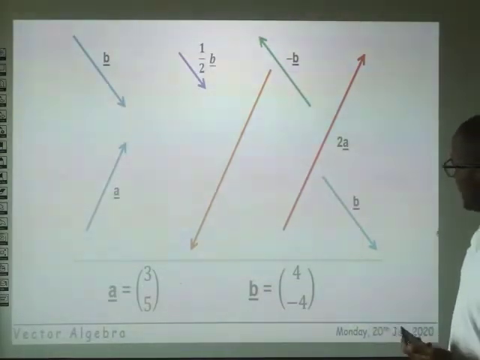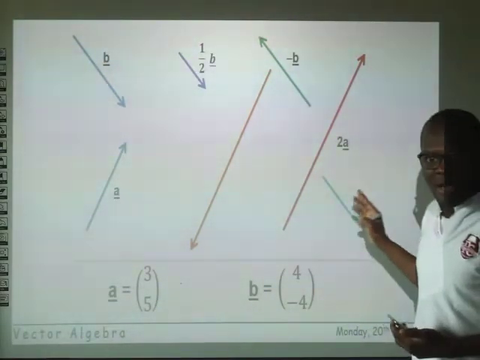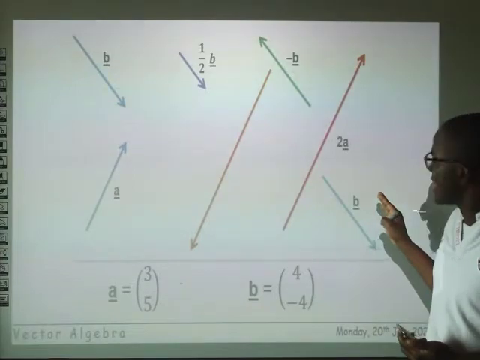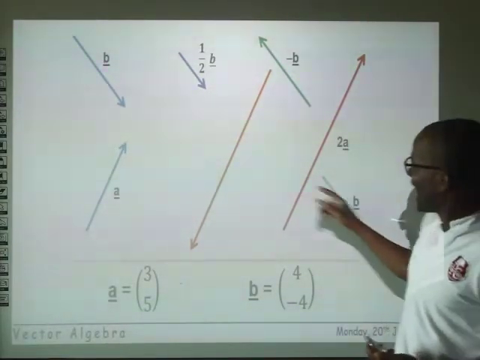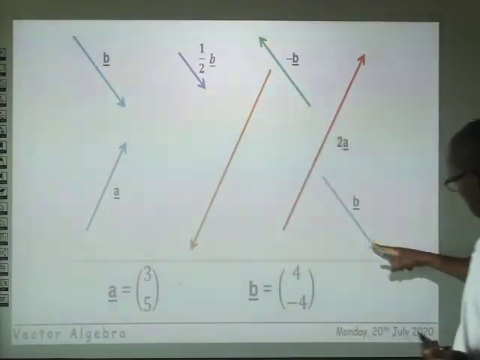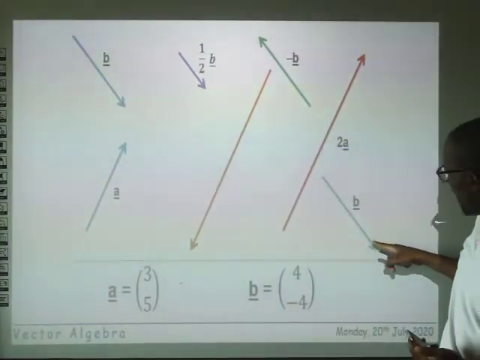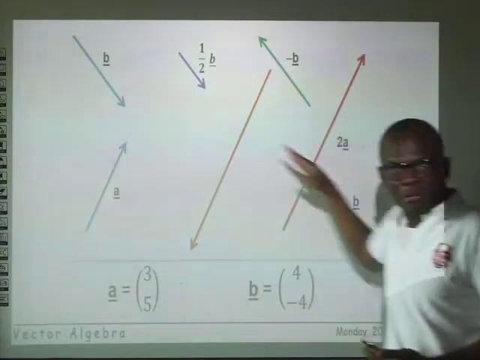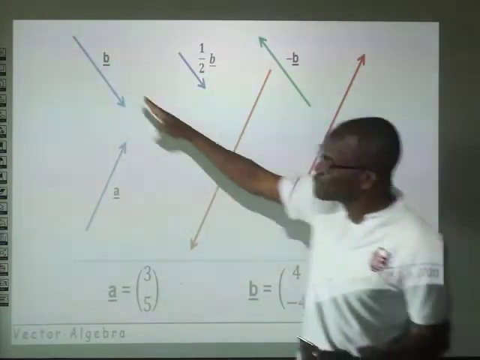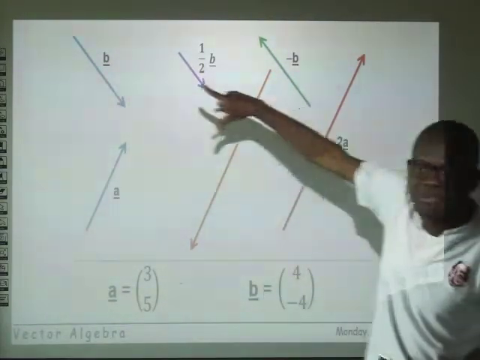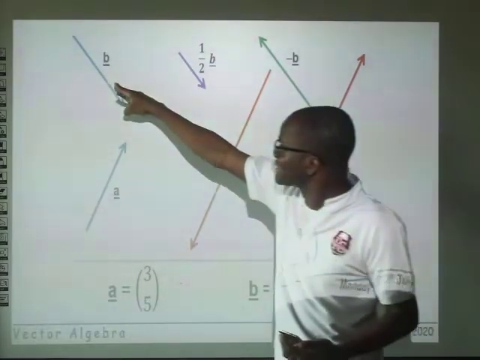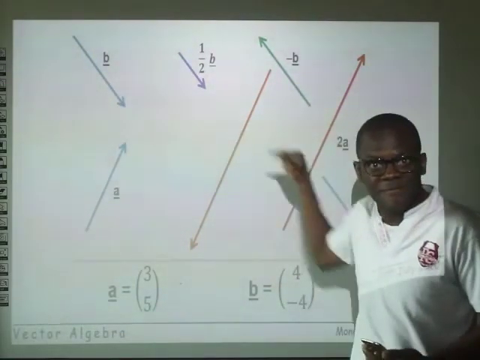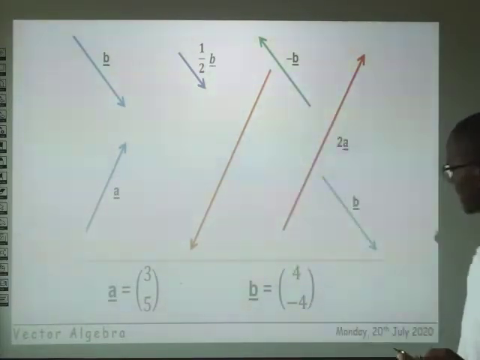Okay? Now move on to B. Look at this arrow, the rather light blue arrow, and that. It's still pretty much the same. Pointing in the same direction and having the same size. Exactly the same. This is still exactly the same as that. So they're both the same vector.